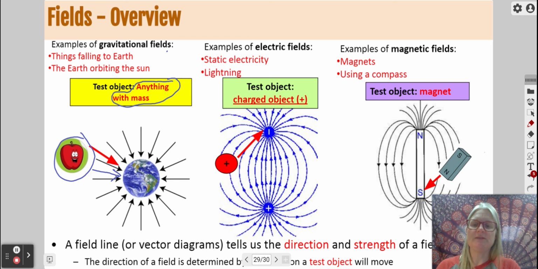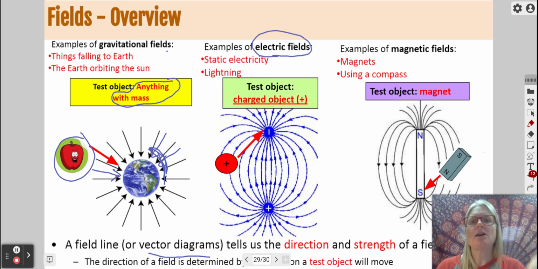These field lines, these arrows, are called vectors because they show us the direction of the force, and they tell us the magnitude, the strength and direction of this force. The more arrows there are, or the more intense the arrows are, the more intense the force in that field.